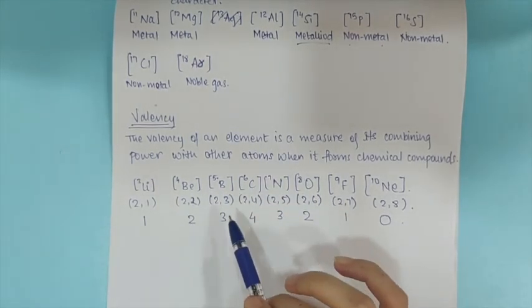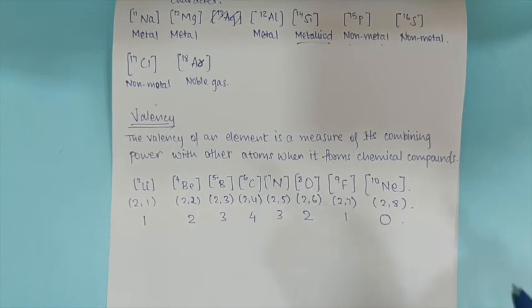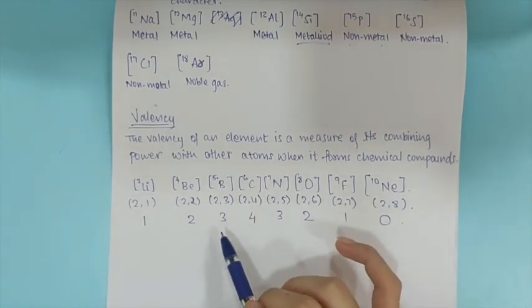Coming to boron, the valency of boron is 3. Why? Because instead of gaining 5 electrons for the outermost orbit to be 8, it's better that it loses 3 electrons to become stable, and that's why its valency is 3.